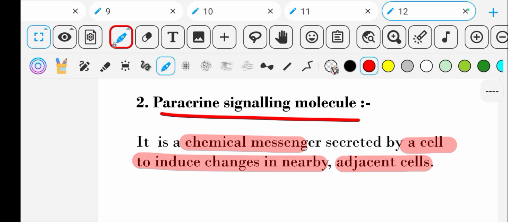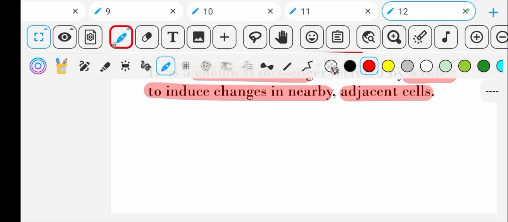Paracrine signaling travels a short distance, it is unstable, and it acts on the nearby cell. Let's see it with a diagram.